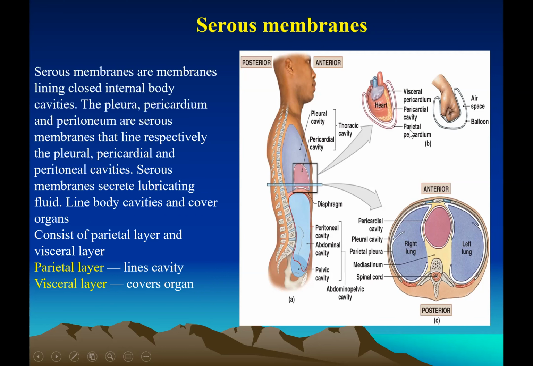The parietal pericardium will stick to the cavity, and it forms a pericardial cavity with lubricant in it. Similarly, in the abdomen we'll have the parietal and visceral peritoneum, and for your lungs we'll have the parietal and visceral pleura.